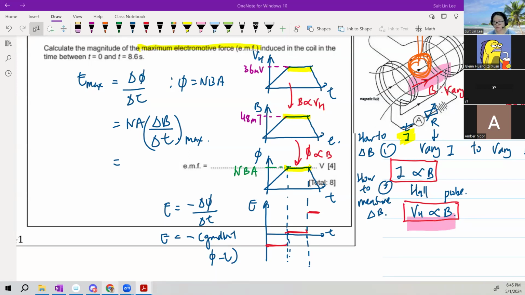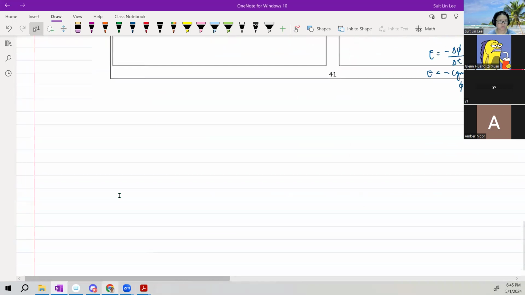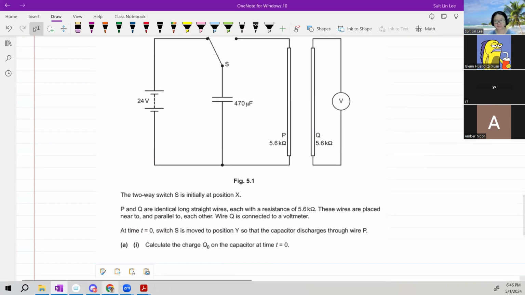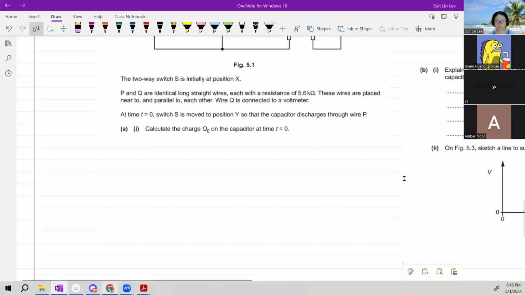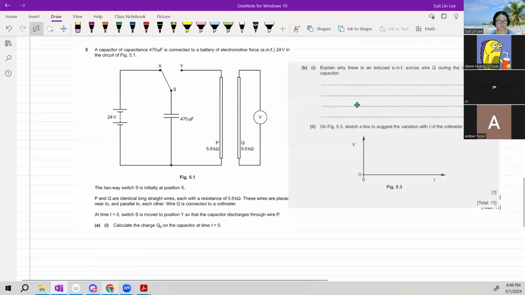Okay. The next question comes from also induced magnetic field or the induced EMF. This one is from Winter. Let me write down the year number for you.